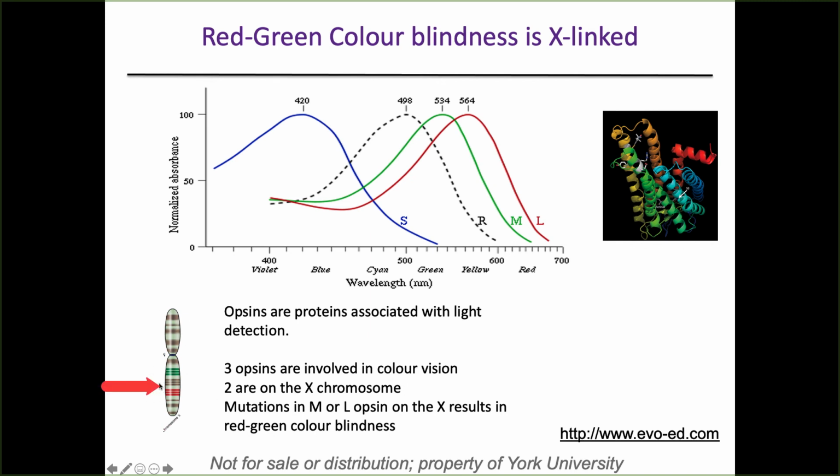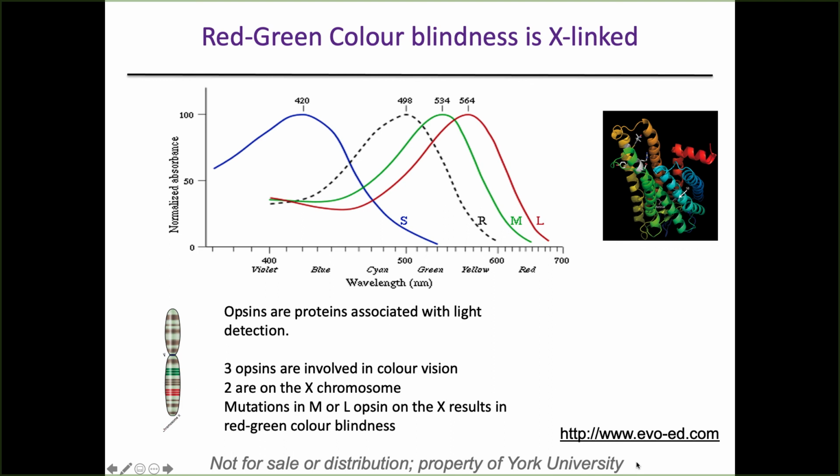Here's our X chromosome here. Here's where the L opsin is, and here's where the M opsin is. It's mutations in either the M or the L opsin gene which can result in red-green color blindness. S opsin is found on chromosome 7.